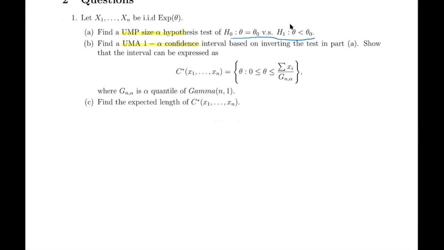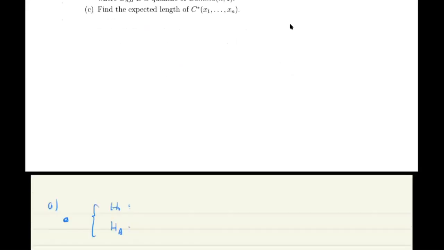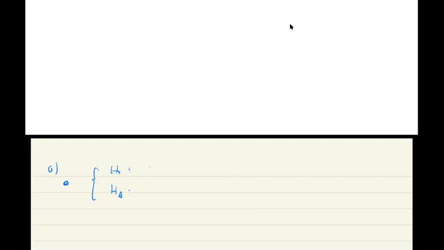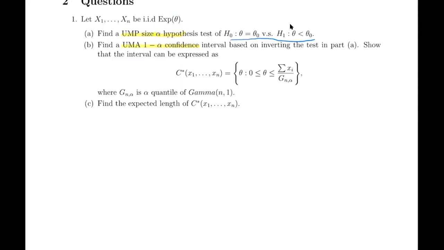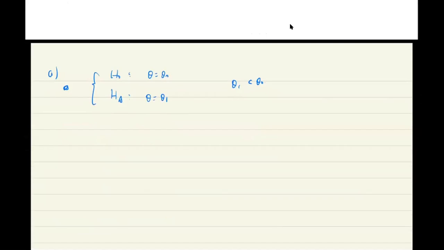So the first step we want to do is this. The null is H0: theta equals theta 0, the alternative is H1: theta equals theta 1, and theta 1 should be smaller than theta 0. So step 1.